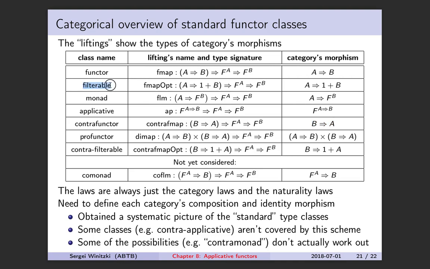Remember, the filterable functor had 4 laws which were kind of ad hoc, if you look at them like that. Monad also had laws that we kind of guessed. Applicative, we kind of guessed what these laws must be. But if you look at those from the category point of view, they're not at all arbitrary.